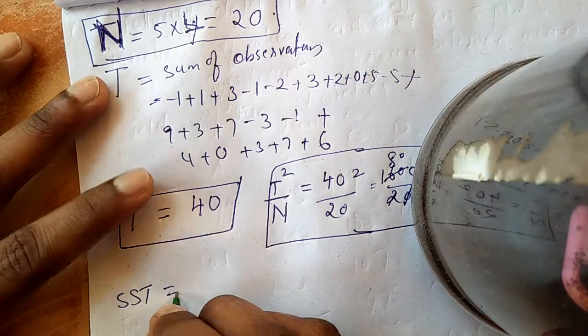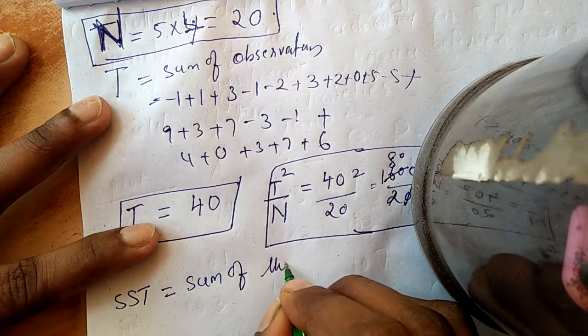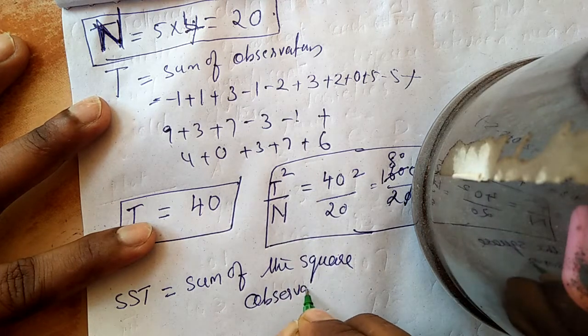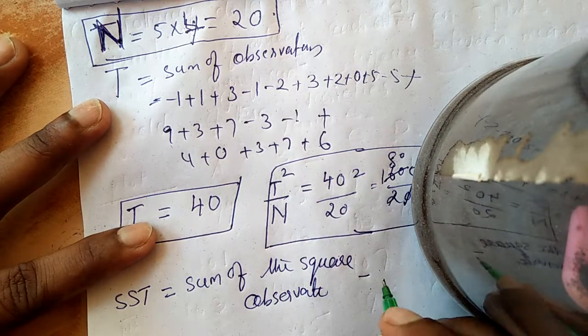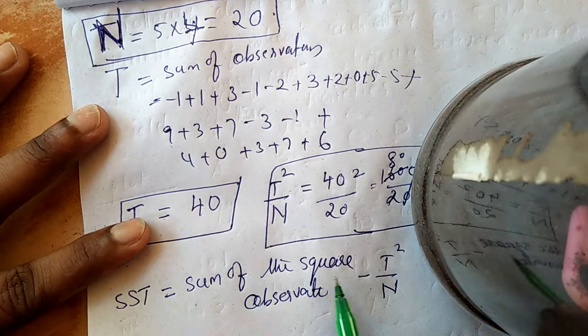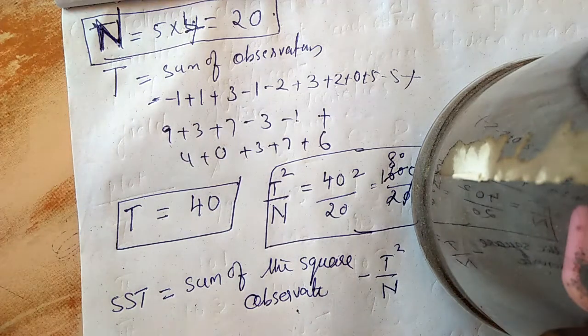SST equals the sum of the square observations minus T square by N. Sum of the square observations means you take each observation and square it, then add them.